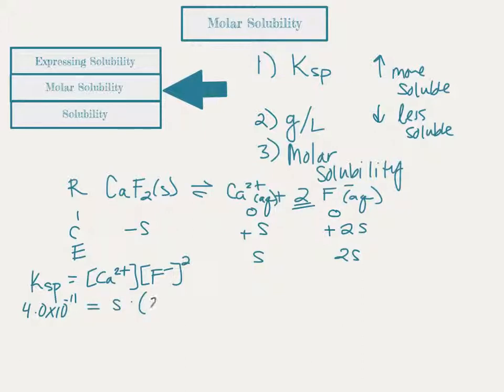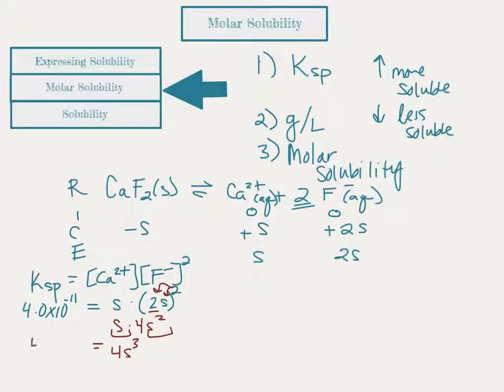It is really important to remember our basic algebra when we're doing these kinds of questions. At this point, we need to distribute the squared, which will mean this 2 is going to change into a 4 because of 2 squared, and that S on the inside will be S squared. So we'll end up with S times 4S squared, which if we combine our S's, will end up being 4S cubed.